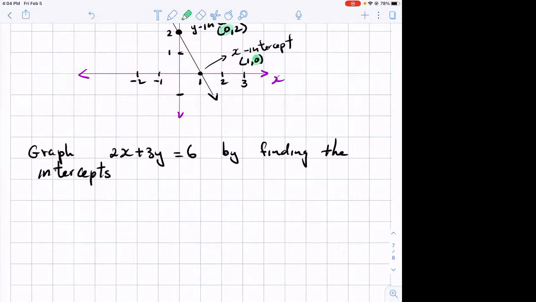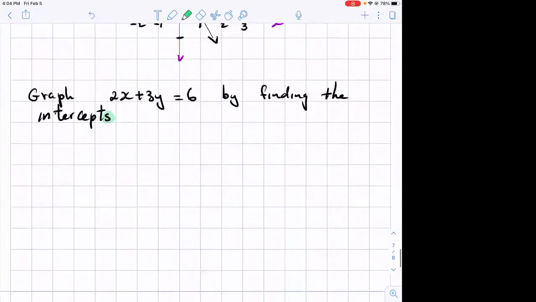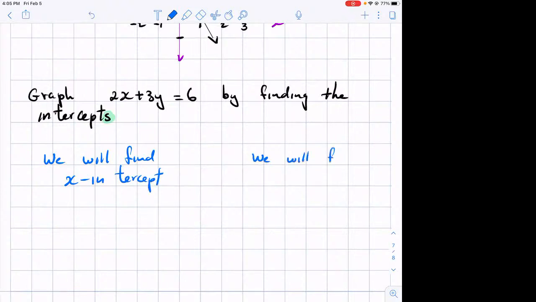Now be careful, I'm saying intercepts. So you know that there is an x-intercept and there's a y-intercept. So this means we will find the x-intercept and we will find the y-intercept.